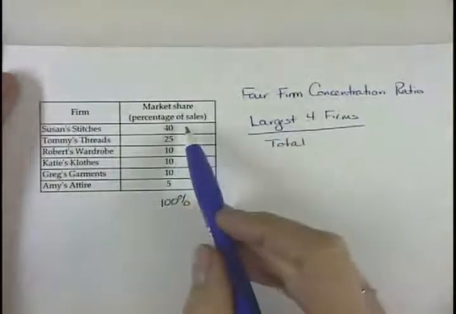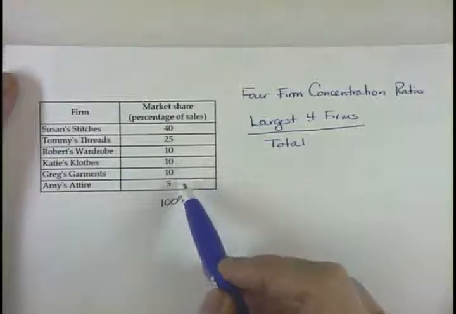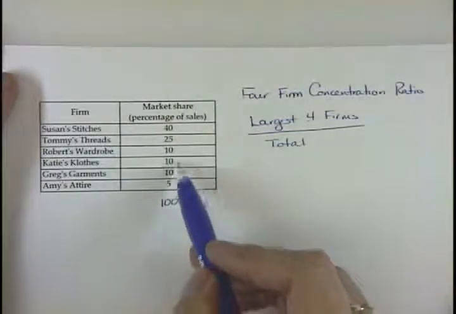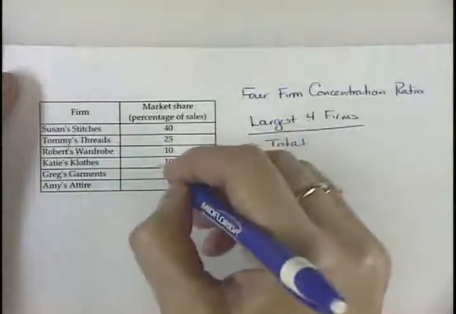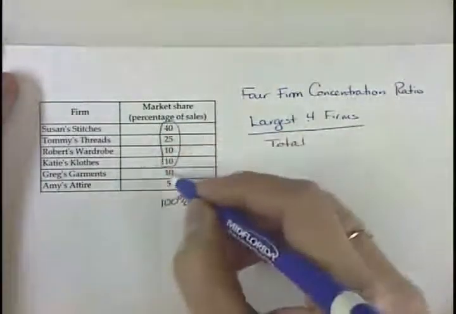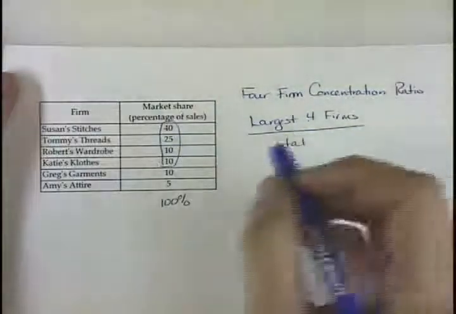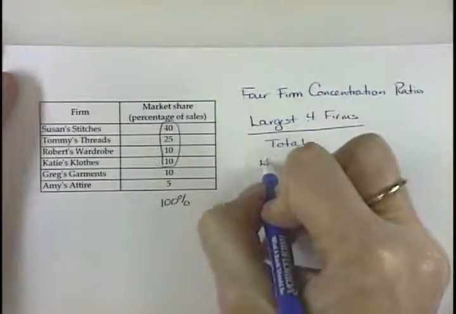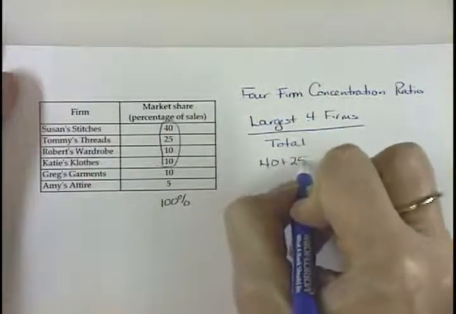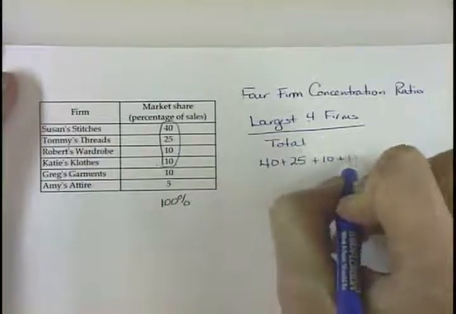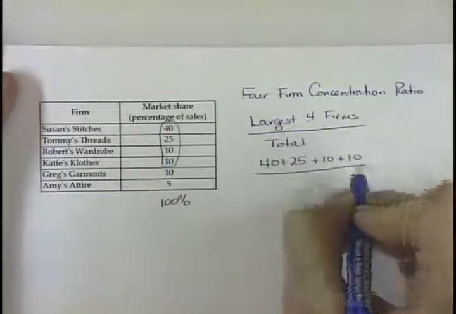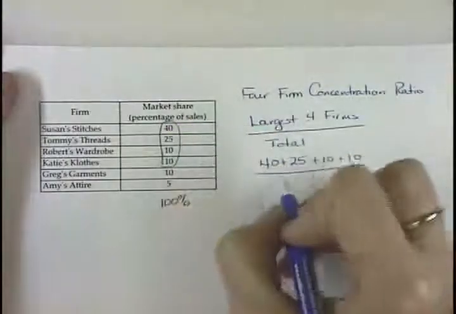So we have 40, 25, 10, 10, 10, and 5. Now, yes, these are all the same, but the largest 4 are going to be these. I know this one's the same, but we're just going to take the 4 biggest ones and leave out the rest. So we're going to take 40 plus 25 plus 10 plus 10, and divide that by everybody, which makes up 100%.